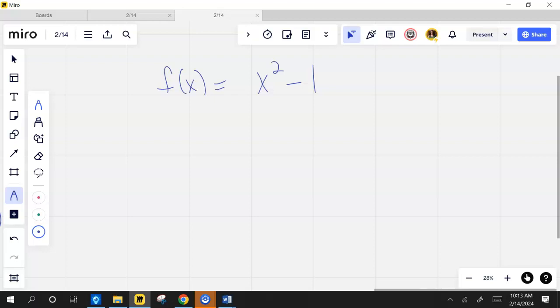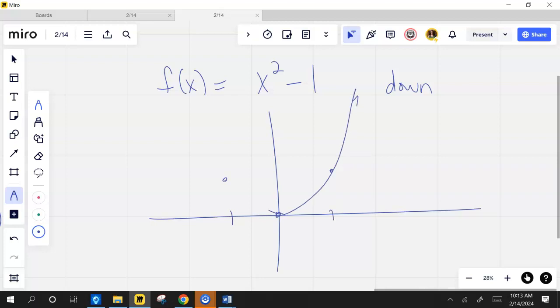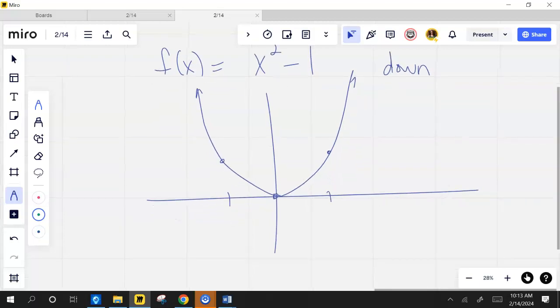What does that mean? A parabola minus 1. It goes down 1. So this is the parent, which is the quadratic, and it just shifts down 1. So the parent, again, quadratics and absolute values look a lot alike, right? Except the quadratic kind of smooths out and goes up that way, and the absolute value is linear. But here, I just take the same one, and every point goes down 1.